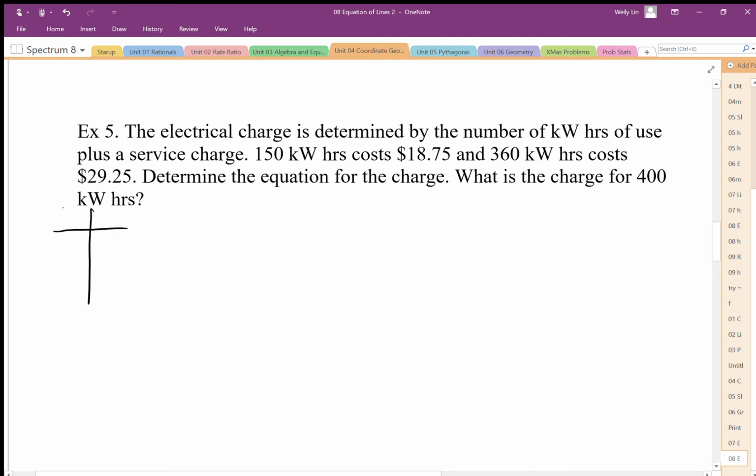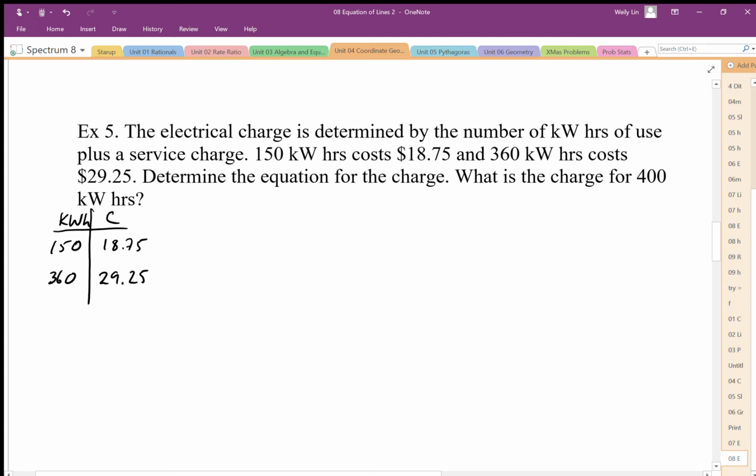My independent is kilowatt hours, and my charge: 150 kilowatt hours gives us a charge of $18.75, and 360 kilowatt hours gives me a charge of $29.25.